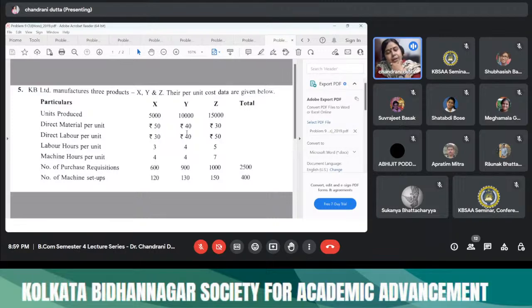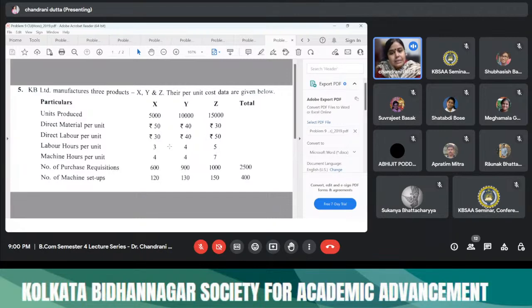Then we are going to apply the labor hour rate and the machine hour rate to calculate the overhead, because I know that labor hours per unit for X is 3, so you are manufacturing 5000 units, so how much labor hours you are consuming? X is consuming 15000 labor hours, Y is consuming 40000 labor hours, Z is consuming 75000 labor hours.